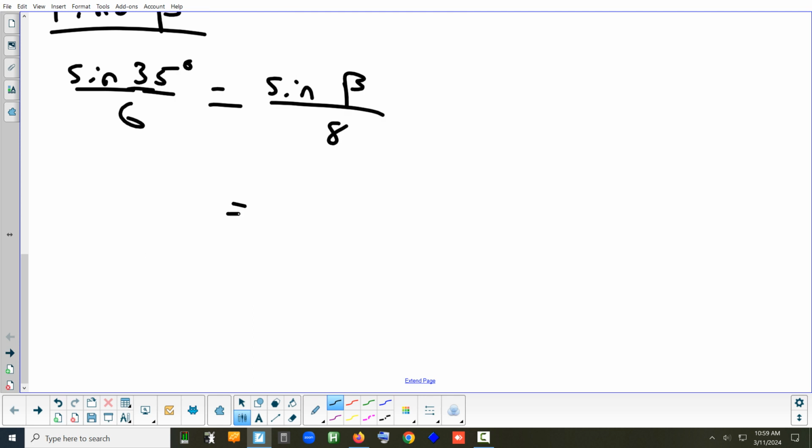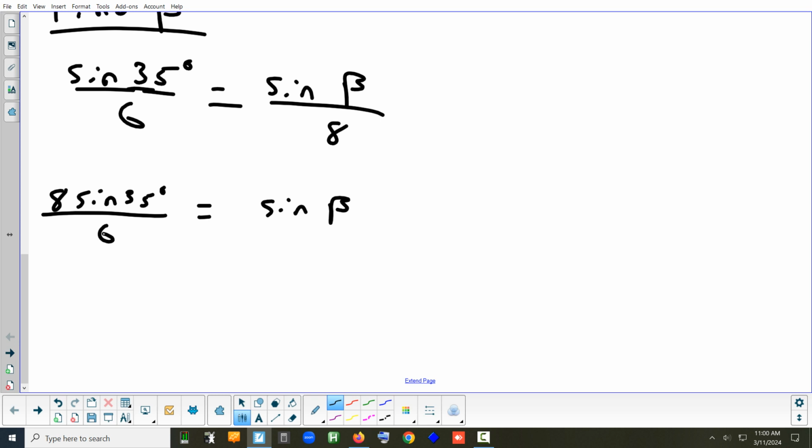Okay. And now we want to get sine beta by itself by doing what on both sides? Multiply each side by 8, and you'll get 8 sine 35 degrees divided by 6, but that's not the last part that we have to worry about, because we've got to take sine out now. We got to get rid of the sine on the right side.